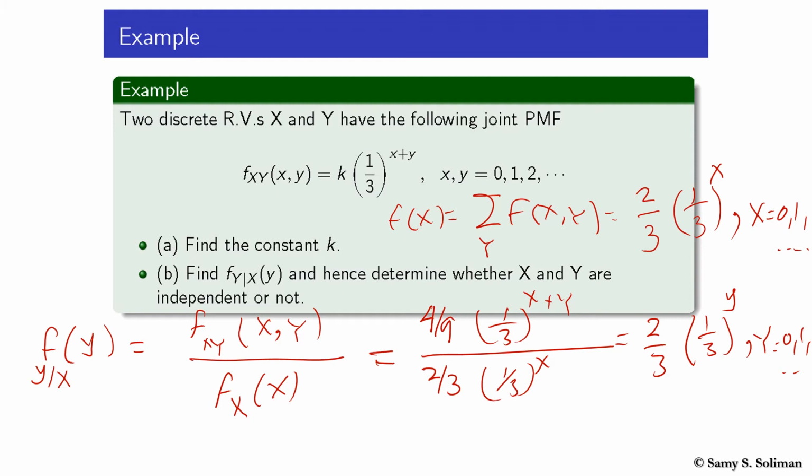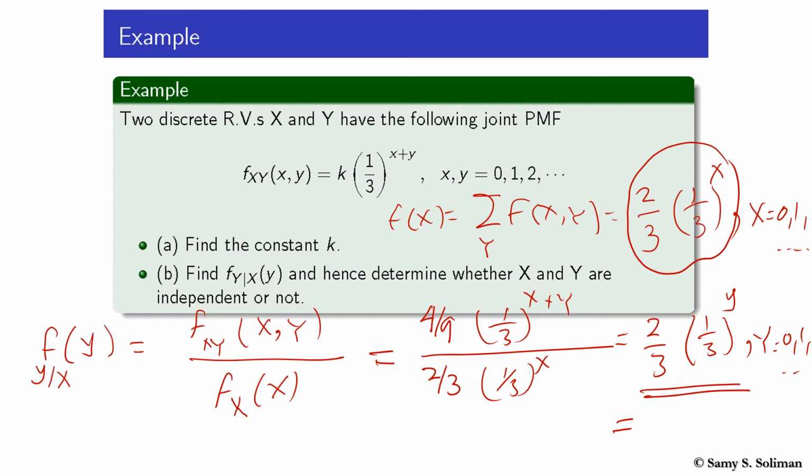You can either calculate it straightforwardly, and this is what you have to do every time, but from the symmetry of the problem we can say that f of y will be calculated the same way we calculated f of x, and eventually we will get an expression similar to this, which is 2/3 times 1/3 power y instead of x, which by coincidence is equal to this one.